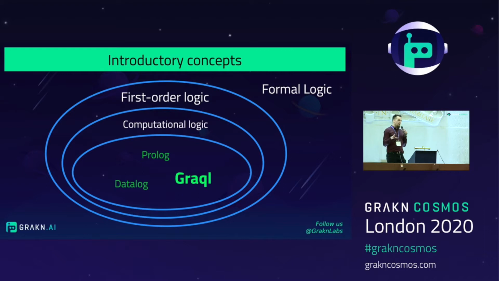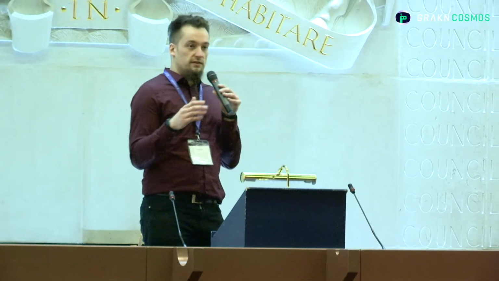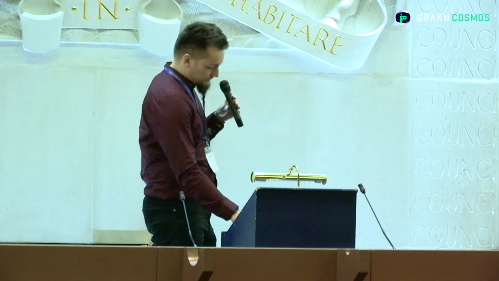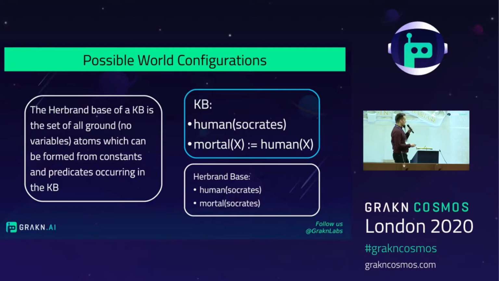Now that we know the background and the top-level picture, we can start talking about negation. Actually, before we do that, we need to define a couple of notions that will help us express the problems and consequences of negation. The first notion is the Herbrand base.